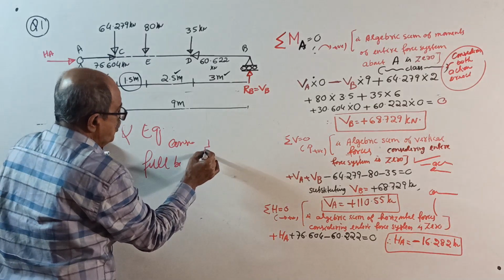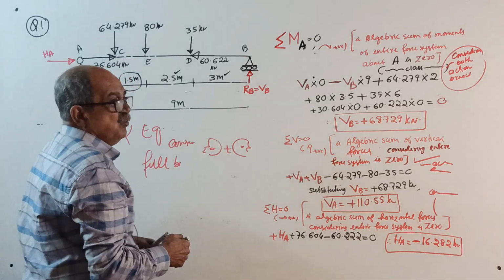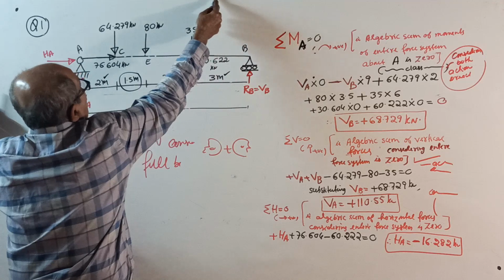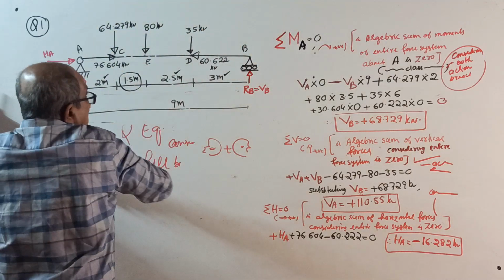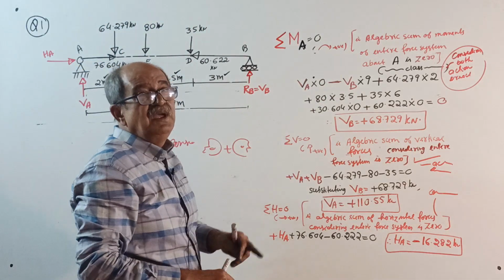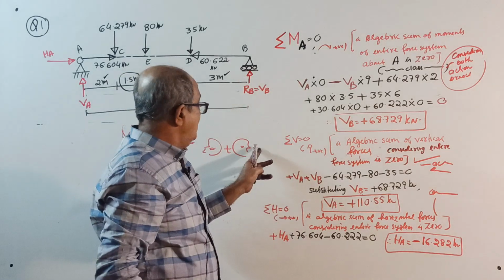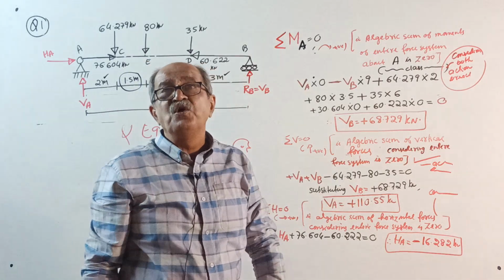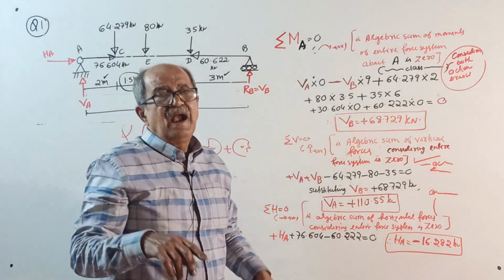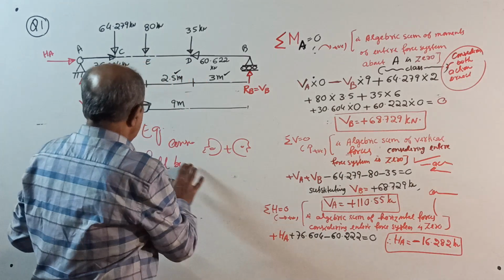Wherever you stand, you have to look at the left side and also the right side, the entire beam, because when you go for an overhanging beam and take moment about a support, you have to see both right and left. Later, when you go to shear force and bending moment, I will tell you, then you have to look at only one side. At that time, equilibrium is side and direction based.